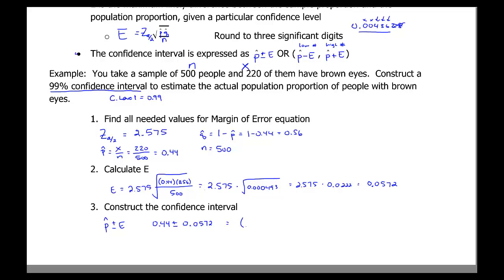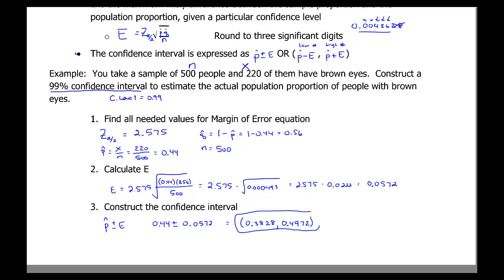So we subtract first. 0.44 minus 0.0572 will give you 0.3828. That's the smaller number. And then the bigger number would be 0.44 plus 0.0572, which would give you 0.4972. That's a confidence interval.